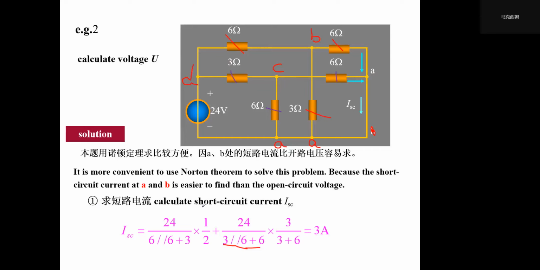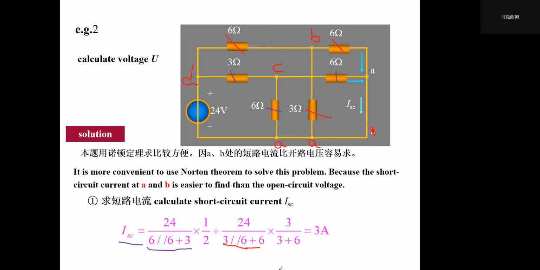See? So we have a 2, 6, and 3 here. So those two groups are in parallel with each other, and so we can have it like this, right? So we can calculate the corresponding IC.